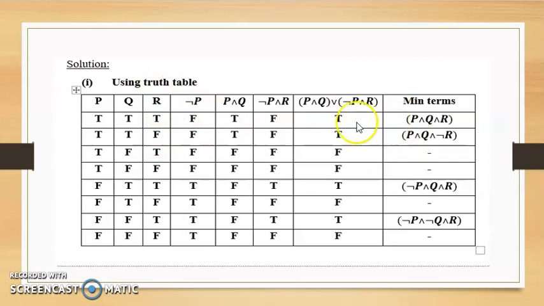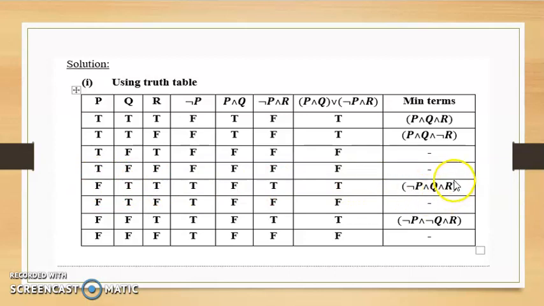So here these three values are true, we will take P and Q and R. Next we take TTF. So it is P and Q and not R, because here it was given false, so we should take not R. Next, false T T: it is not P and Q and R.